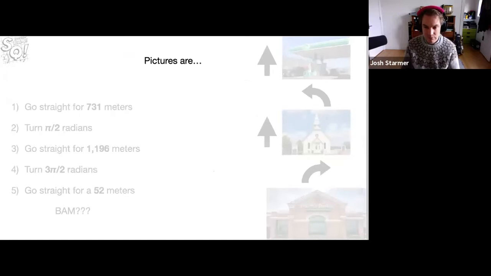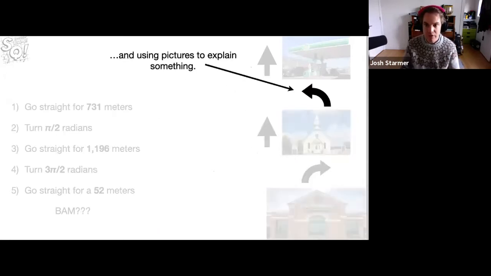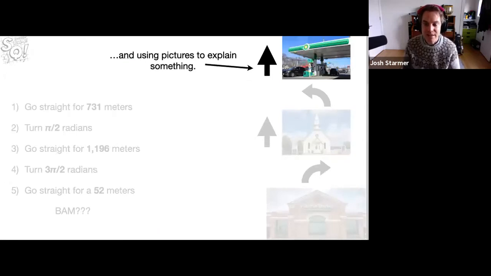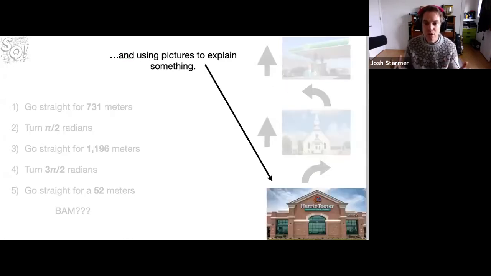Pictures are one, easy to relate to, and two, often help people answer their own questions. So for example, let's go back to this one. When I say go to the gas station, by looking at the picture, they can say, oh, that's a BP gas station. And they can look at the picture of the grocery store and go, oh, that's a grocery store called Harris Teeter.